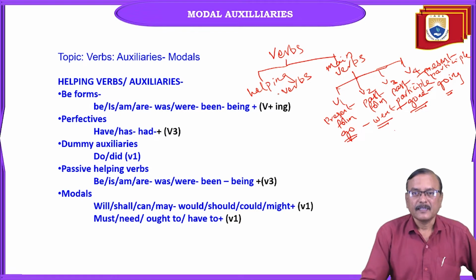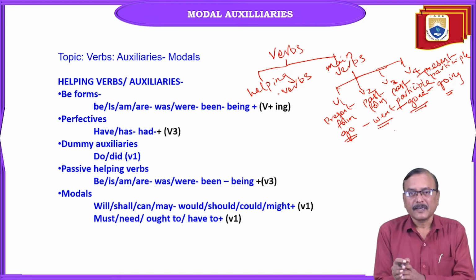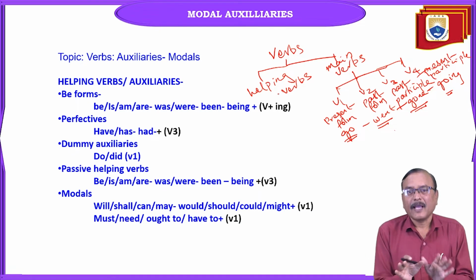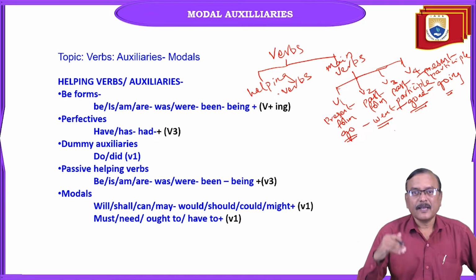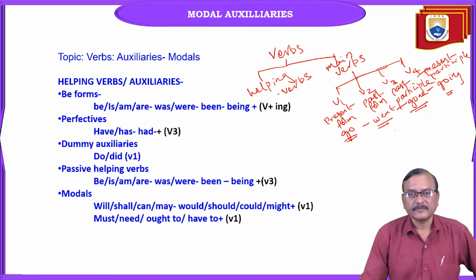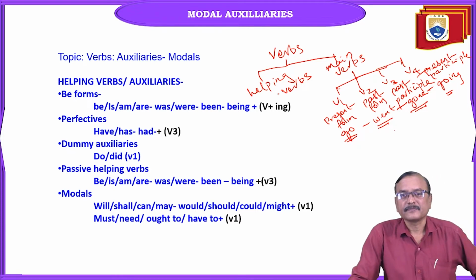Is it clear? If you get command over the usage of these helping verbs with the main verb, we can have clarity in the tenses. According to the period of the action, we use different tenses. Different tenses means different verb forms in association with the helping verbs.